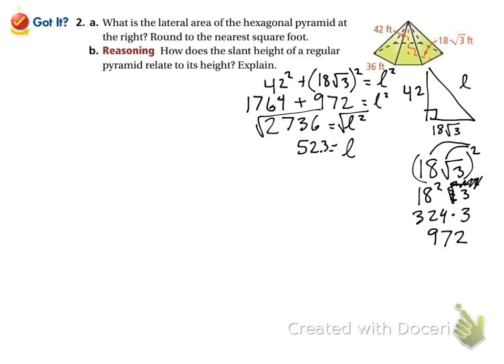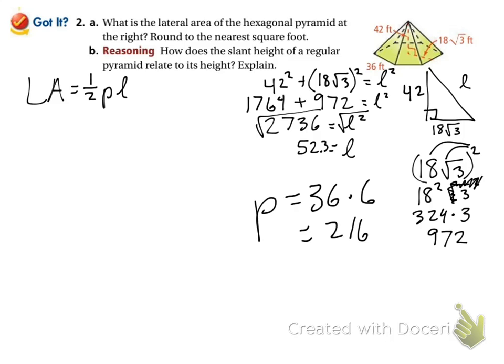Now I can find the lateral area. So lateral area is equal to 1/2 PL. So I've found my slant height, my L. Now I just need to find my perimeter. So my side length is 36, and this is a hexagon, so it has 6 sides. So P is equal to 36 times 6, which gives me 216.